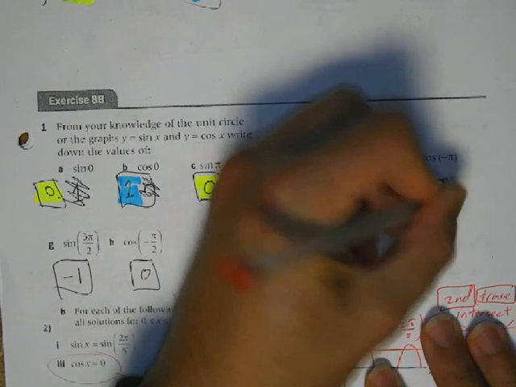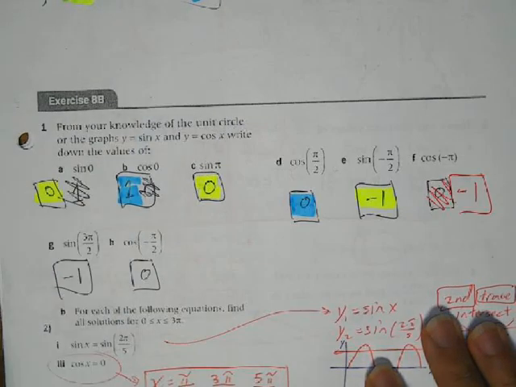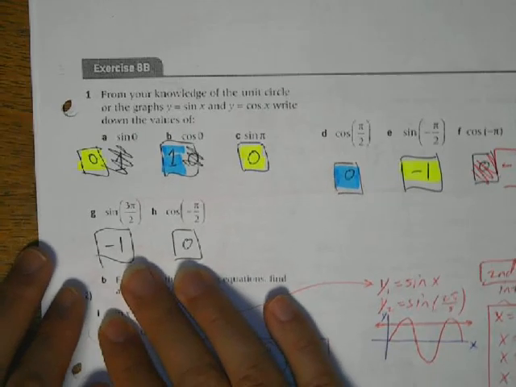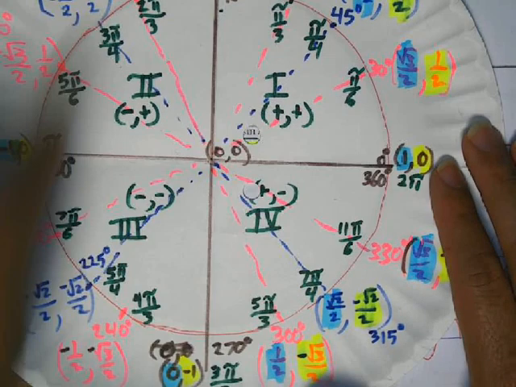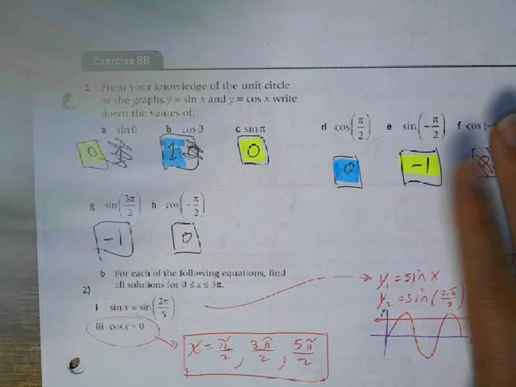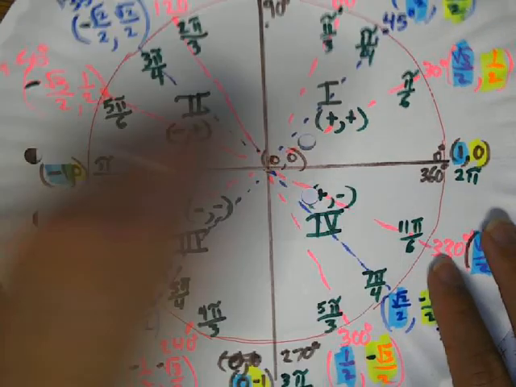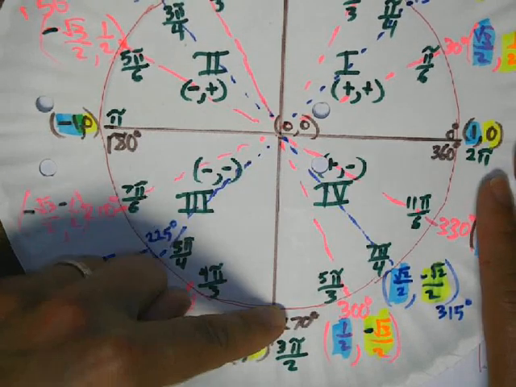Negative 1. Yeah. Okay. Sine of 3 pi over 2. 3 pi over 2, sine is negative 1. Yep. Cosine negative pi over 2. Negative pi over 2, I'm going down this way. Cosine is the x value. It should be 0. Okay.